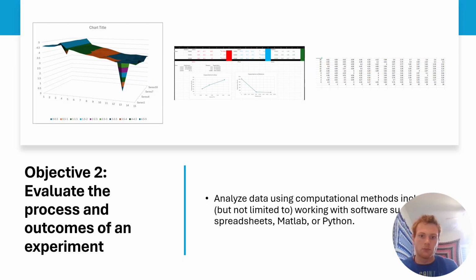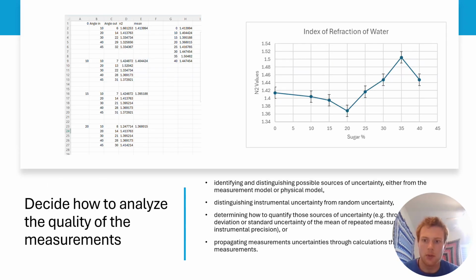But yeah, just recording it and putting it in the data and knowing how to create graphs was important too. So a big part of this class was deciding how to analyze the quality of our measurements.